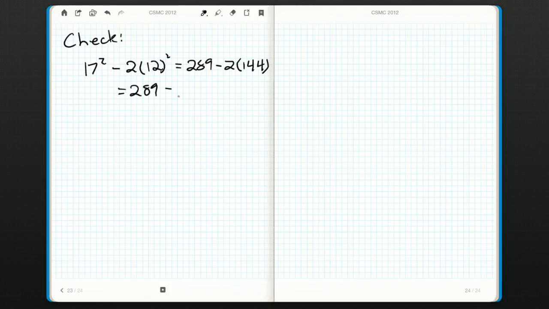And we get 288. So it's exactly 1. 289 minus 288, that's going to be 1. So they do satisfy equation 1, which is exactly what we were asked to show with u and v once we got them.